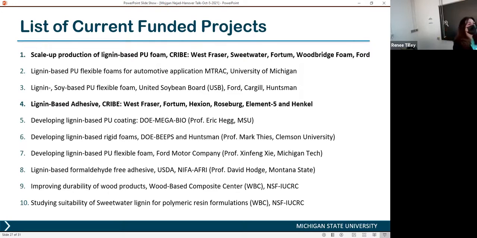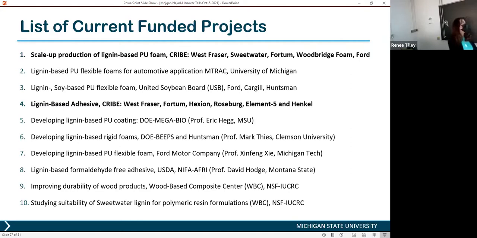They're interested that we scale up our lignin polyol and use it for flexible foam. Another funded project is by the United Soybean Board, where we are mixing lignin and soy-based polyol. On the M-Track project, Kevin is working, and on the lignin soy polyol, Enoch. Again, my new master students are working on these two projects.